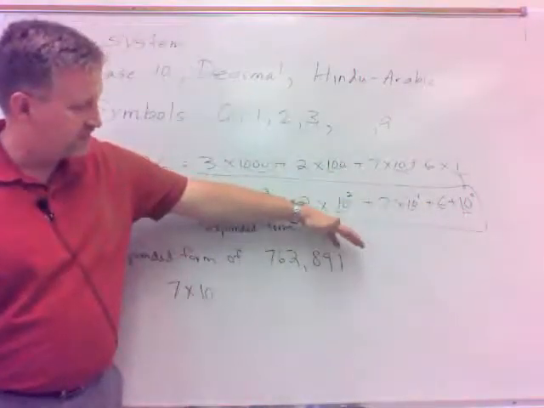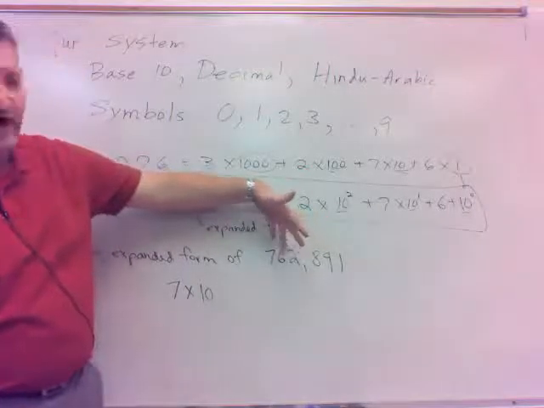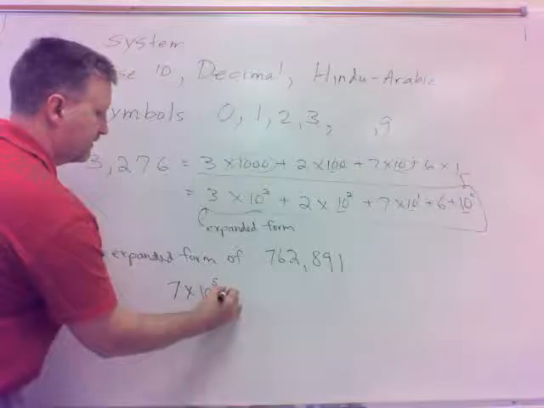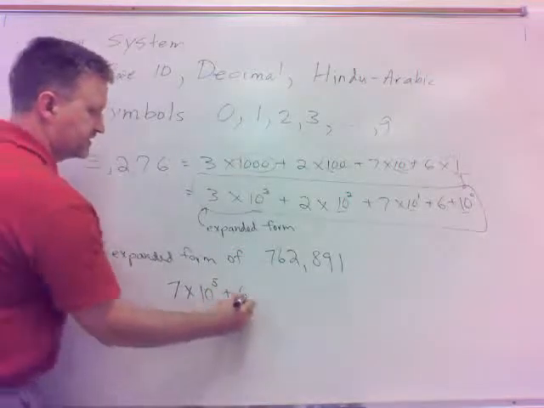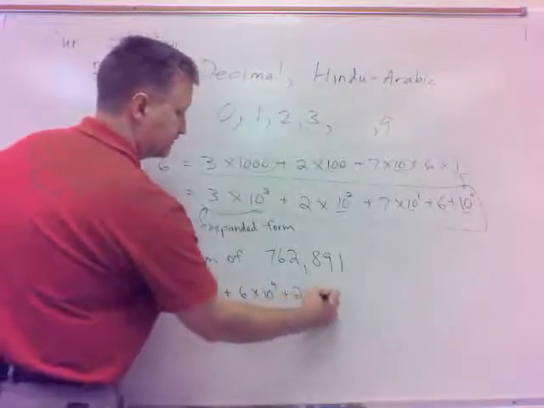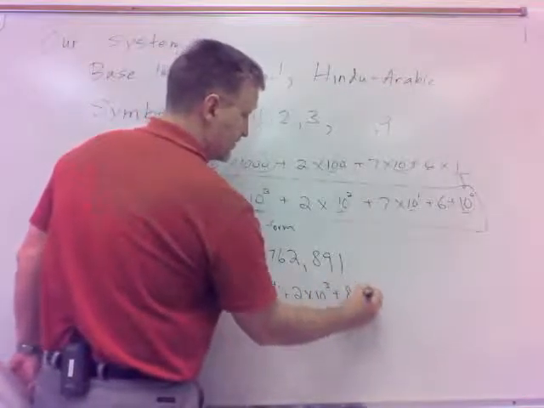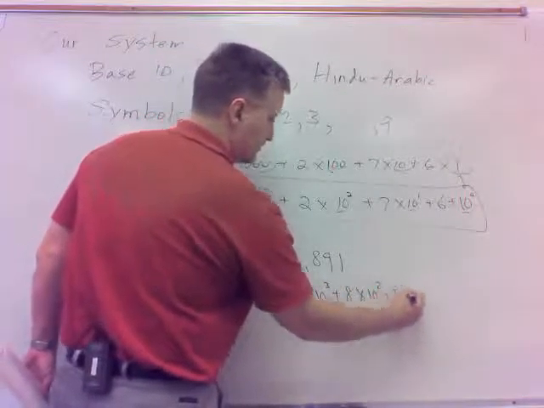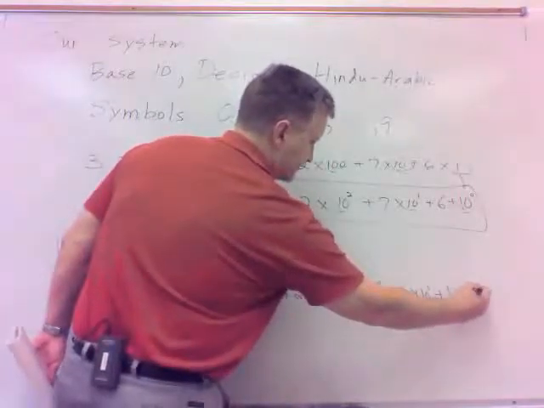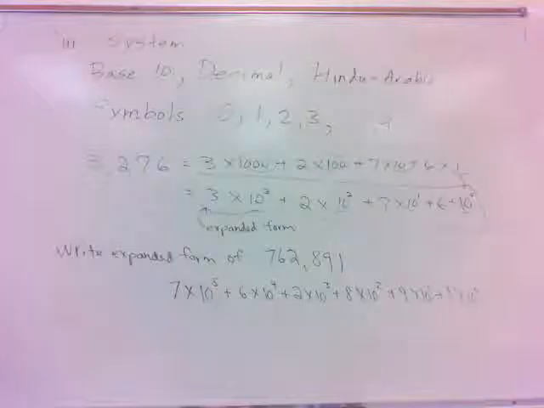So this is 1 times 10 to the 0, then 10 to the 1, 10 to the 2, 10 to the 3, 10 to the 4, 10 to the 5. That's one way of quickly looking at it. Then you just go down from there. So it'd be 6 times 10 to the 4th, 2 times 10 to the 3rd, 8 times 10 to the 2nd, 9 times 10 to the 1st, 1 times 10 to the 0. Expanded. Okay?